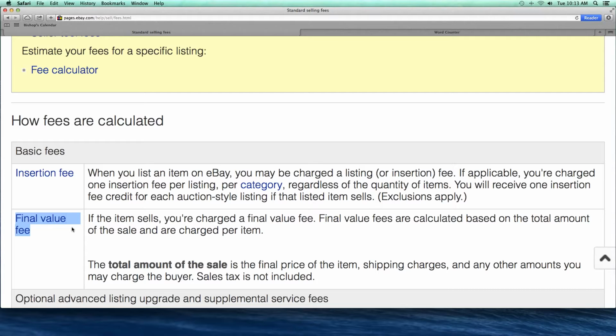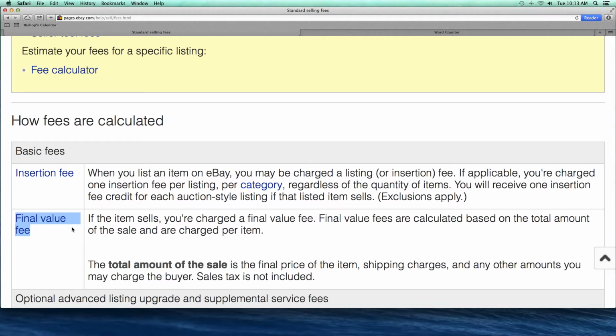Okay? Doesn't cost you anything. On your 21st listing, it's going to cost you 30 cents just to insert or list it onto eBay. And on your 22nd, it's going to cost you 30 cents. And on your 23rd, it's going to cost you 30 cents, so on and so forth until it resets the next month and you get 20 free again.